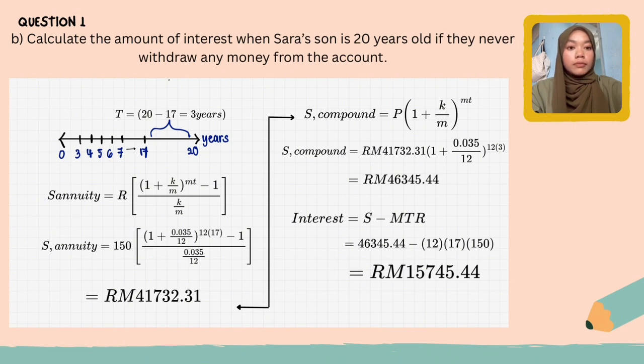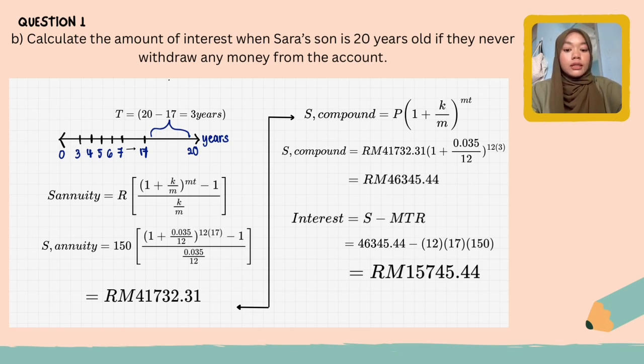Next, we use the formula of compound, which is S equals P in the bracket 1 plus k over m to the power of mt. So S equals 41,732 ringgit 31 cents in the bracket 1 plus 0.035 over 12 to the power of 12 multiply 3. So the answer is 46,345 ringgit 44 cents.